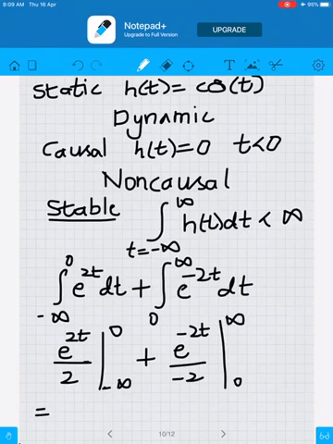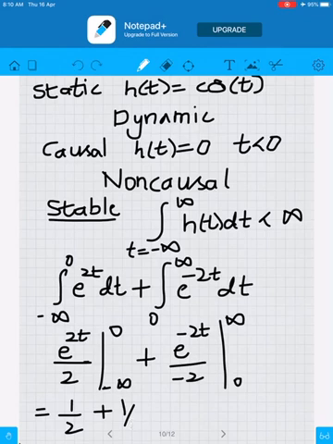Substituting it, e power 0 is 1 by 2, which is half, and e power minus infinity is 0, so this gets evaluated to half. Plus, for the second term, e power minus infinity is 0, 0 minus e power 0 is 1, so 0 minus 1 is minus 1. The minus is already there in the denominator, minus 2, so the minuses get cancelled, and it is again half.